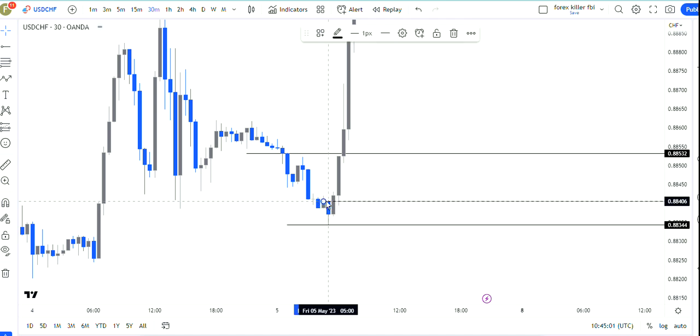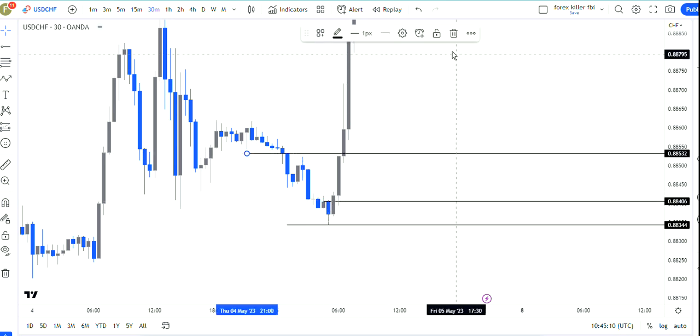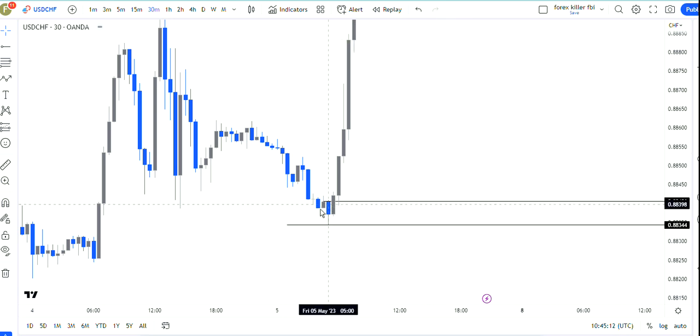So you can use this OB or this engineering. I prefer to use this OB as our entry. So we will ignore the engineering and use this point. Our entry will be there, and our stop loss will be this point here.